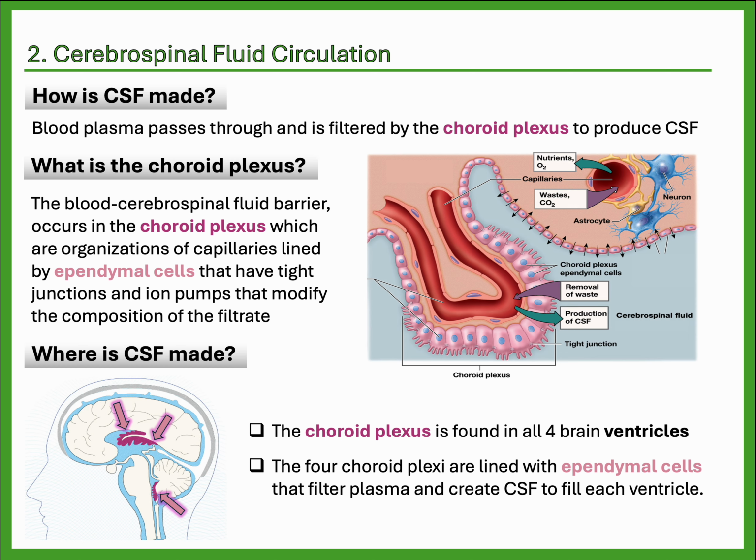What is this choroid plexus? So, the blood cerebrospinal fluid barrier occurs in the choroid plexus. Basically, remember these blood vessels going towards the brain, do you see these yellow little astrocyte feet that are hiding the blood vessel, right?